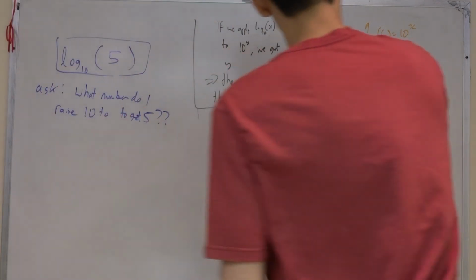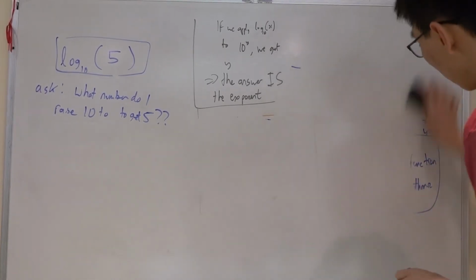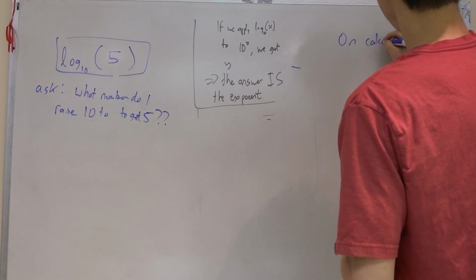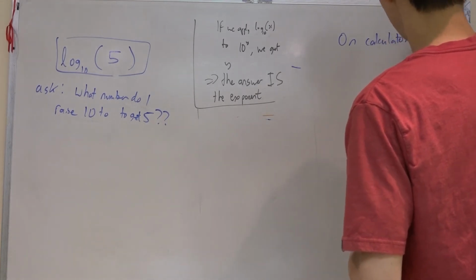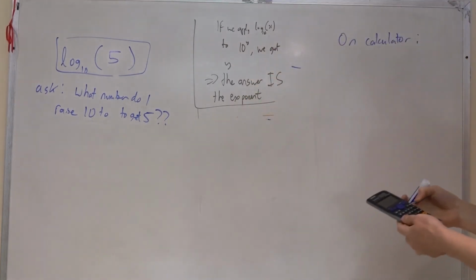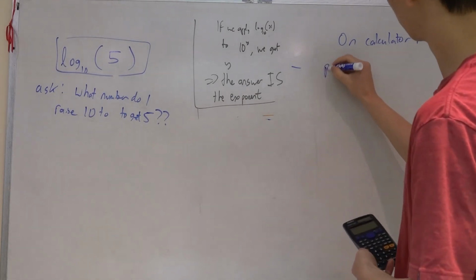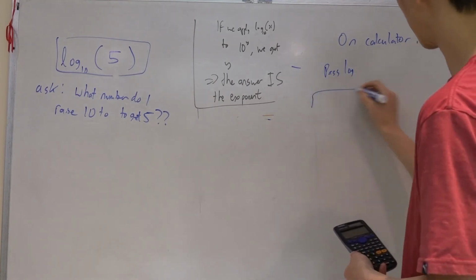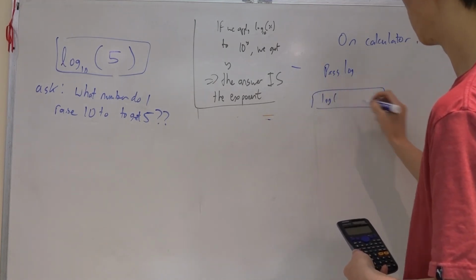So what you can do on your calculator is press the log button, and then you should get an input that looks like log of a number.